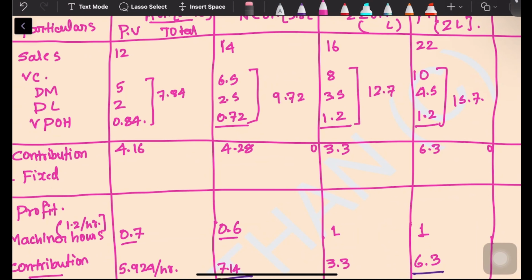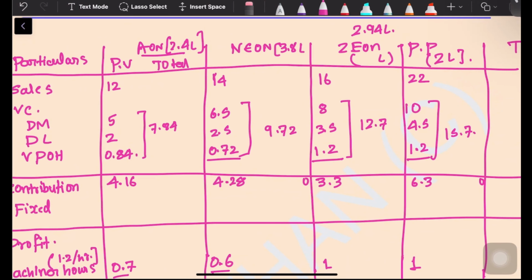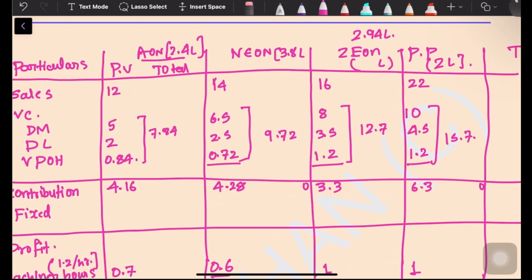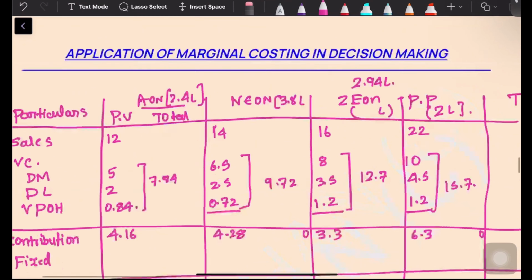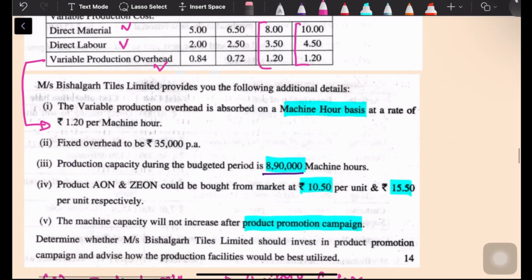So we will now add this. In the Xeon, for the balance unit, we will add the purchase cost. Because Xeon we are manufacturing only 2.94 and 56 we are purchasing. So this Xeon can be bought from outside market also. What is that price? Xeon can be bought at 15.5. So 56,000 into 15.5, this is 8,68,000. So this has to be added to the total cost.